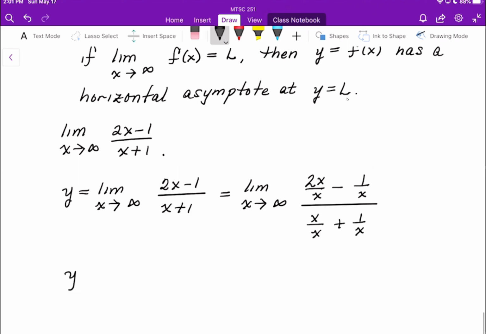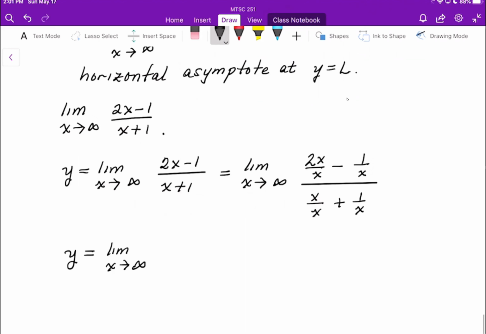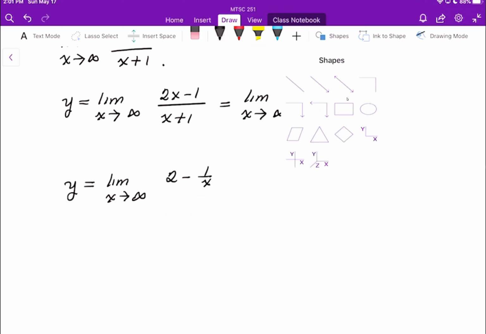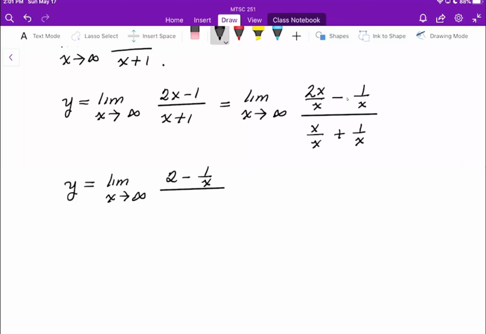So now we get y is the limit as x approaches infinity of 2 minus 1 over x divided by 1 plus 1 over x, and that limit is 2.